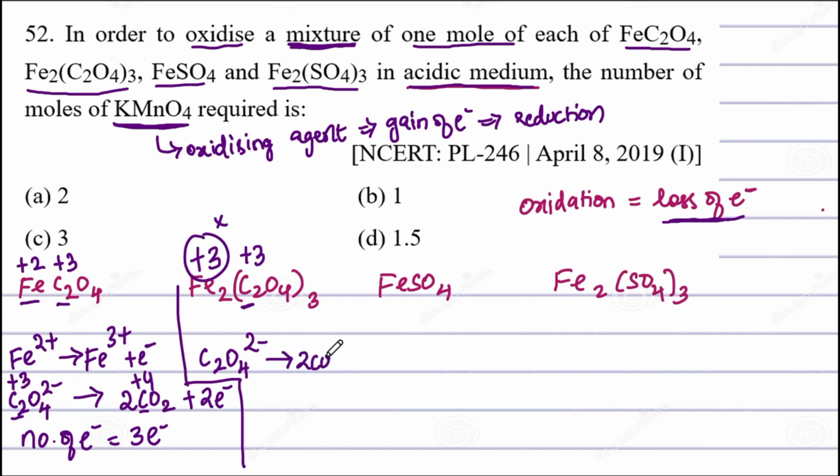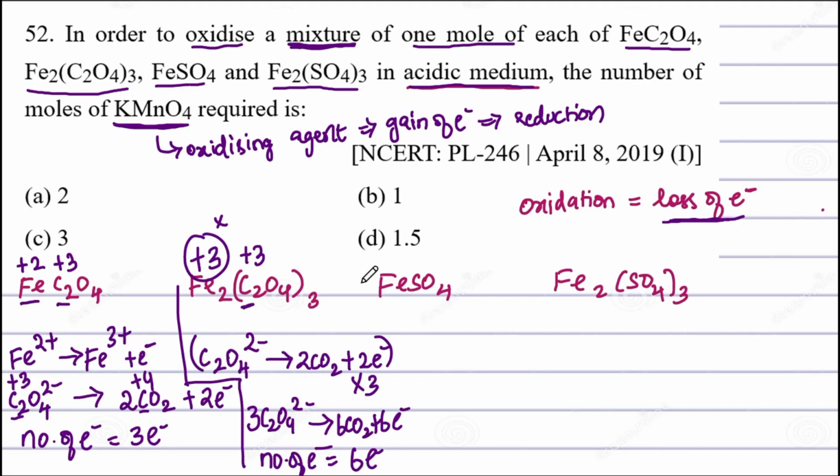It will be converted to 2 CO2 by the loss of 2 electrons. But here how many oxalate ion units are there? 3 units are there, so this whole equation is multiplied by 3. So 3 C2O4 2- gives 6 CO2 plus 6 electrons. So here 6 electrons are involved.